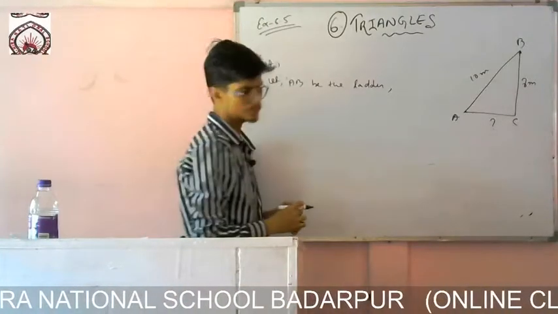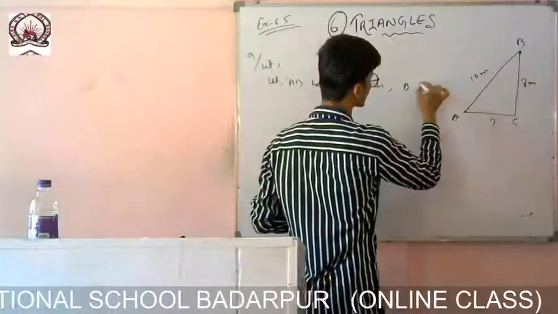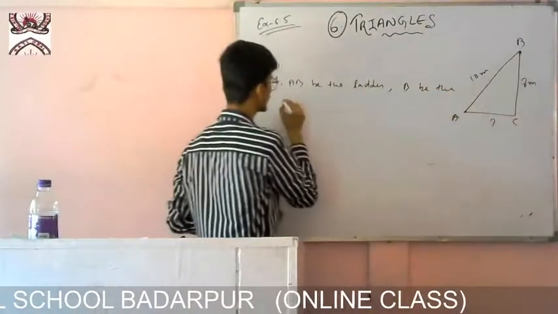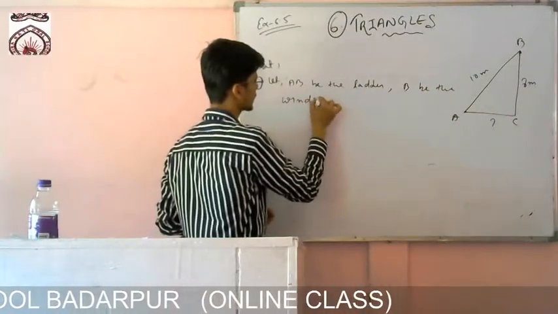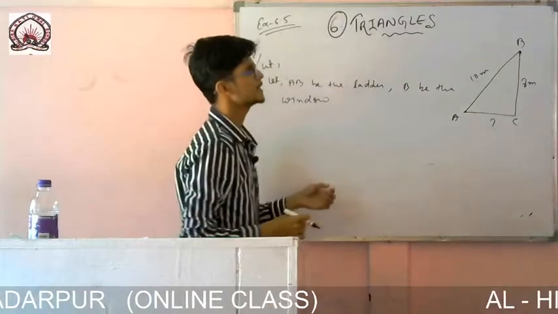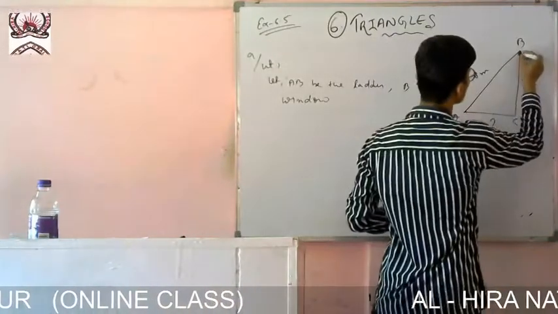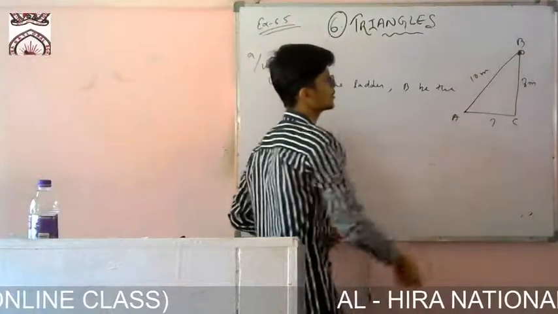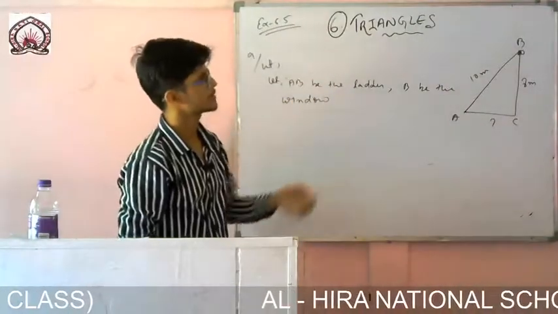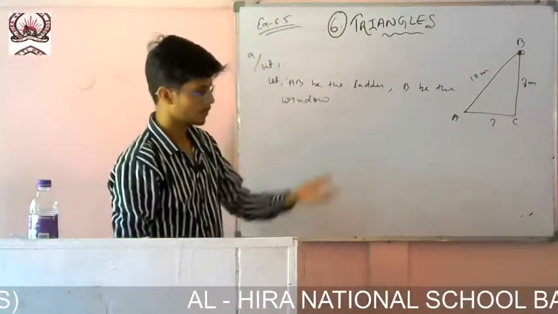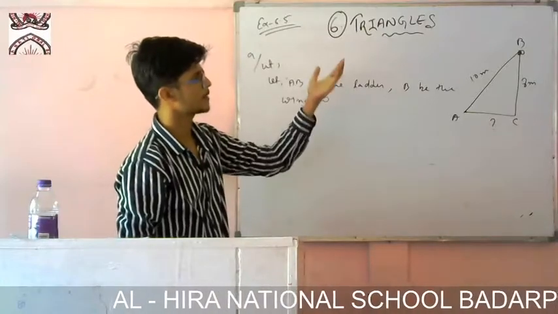So B is the window, AB is the ladder and B is the window. That means here the window is placed, so the height of the window from the base of the wall is 8 meter. So the window is 8 meter above the base.